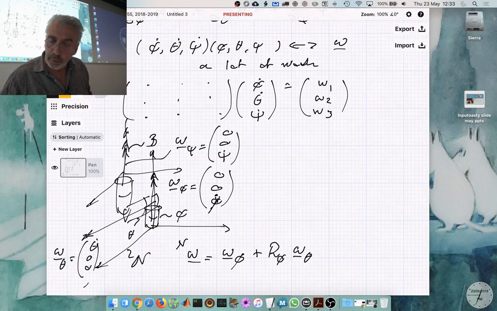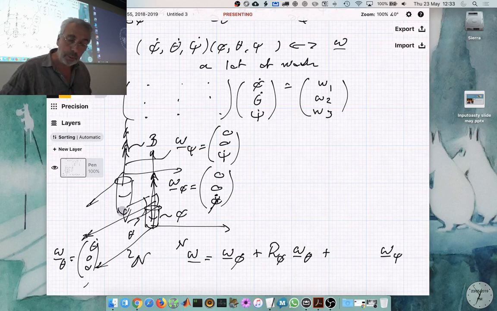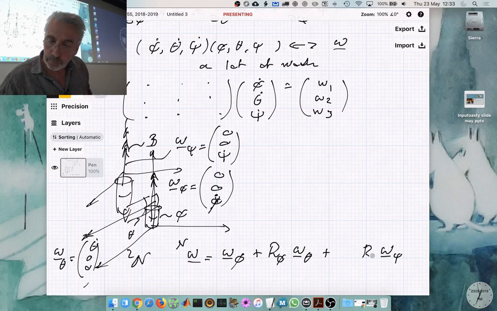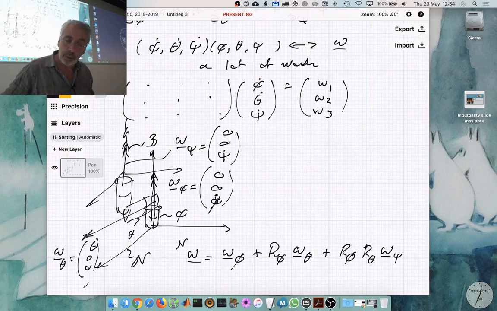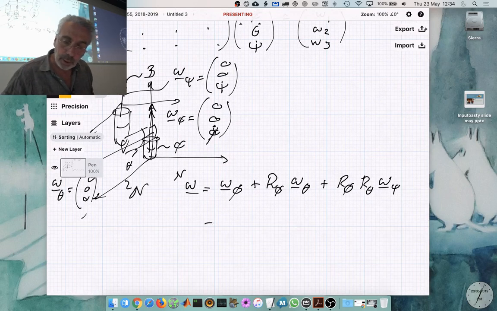And then finally, I can do the same with this omega psi. I have to first rotate it with respect to theta, and then rotate it with respect to phi. And if I do it like this, it becomes a lot easier. Then component-wise I can say 0, 0, psi dot.